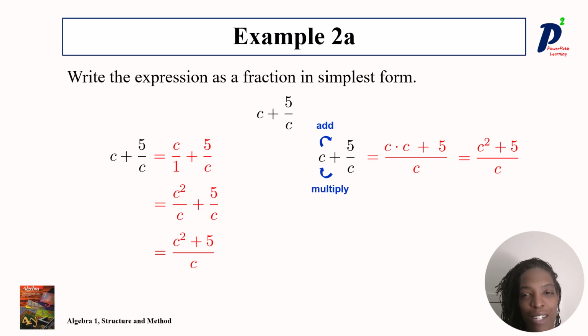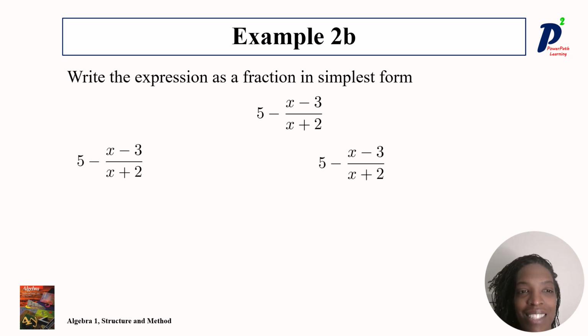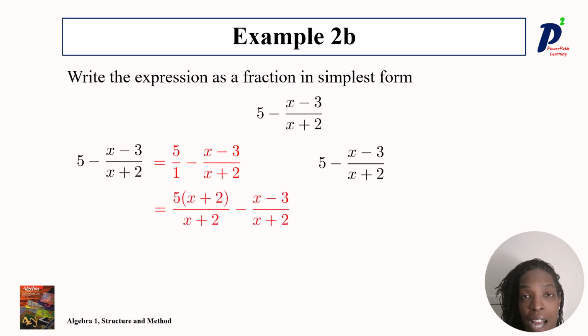I bet by now you're starting to feel like there's a method that you prefer, so keep that in mind as we go forward. Finally, we have a subtraction problem because I know we all love subtraction. Both methods yet again. Method 1, I'm going to rewrite 5 over 1. Then I'm going to change 5 into a fraction with a like denominator, x plus 2.